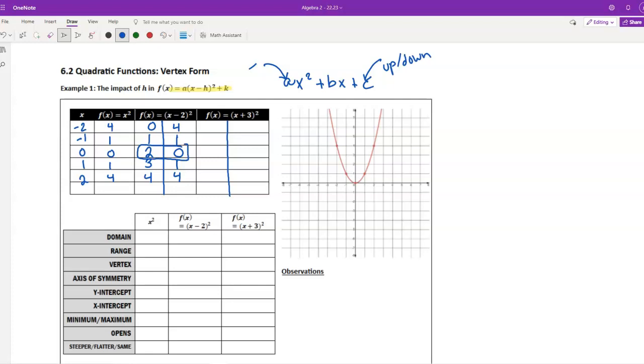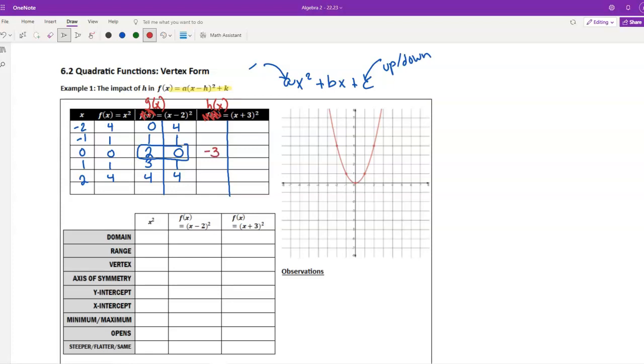We're going to do the same thing for this other function. Remember, I forgot to change up these labels. This should be g of x, and let's change this one to say h of x, because that's the whole point of function notation. Again, I'm going to ask myself, what value of x will make this expression equal 0? Well, the opposite of 3 is -3.